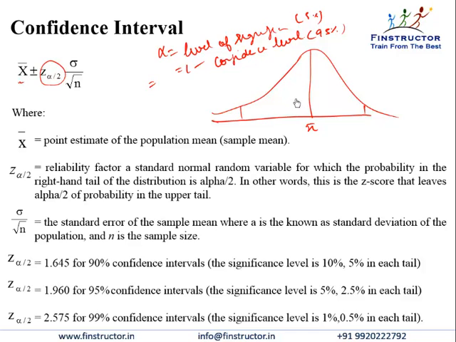If I have to leave 5% of the values out, from the right tail, how many would I leave out? 2.5%. From the left tail again, 2.5%. So I will have to see the Z table and see the value corresponding to 97.5, which comes out to be 1.96.